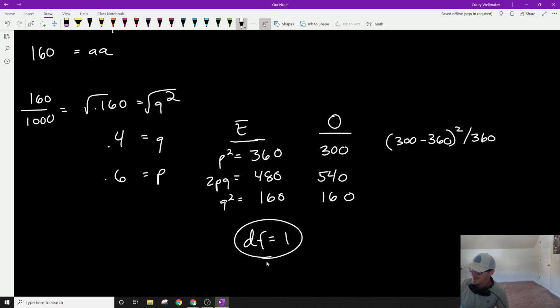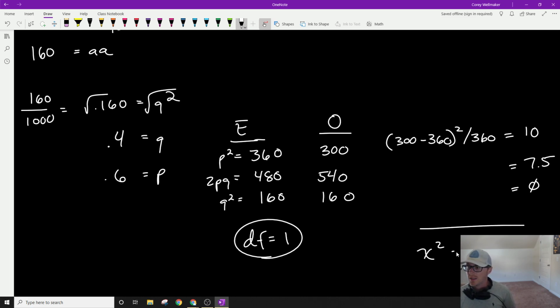Alright, so I got 17.5 as my chi-square sum. This was equal to 10, this was equal to 7.5, and this is equal to 0 because 160 minus 160 is 0. We add it all up, and we get a chi-square sum of 17.5.